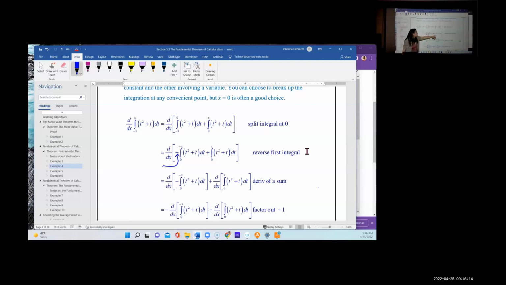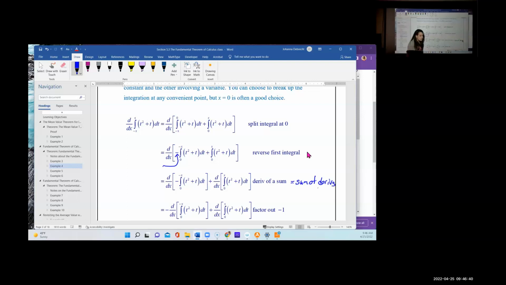Now, both integrals start at a constant and go to a limit that involves the variable in the differential of the derivative, x. Now I can split this, since this is the derivative of a sum, I can write it as the sum of two derivatives. So the derivative of a sum is equal to the sum of derivatives.